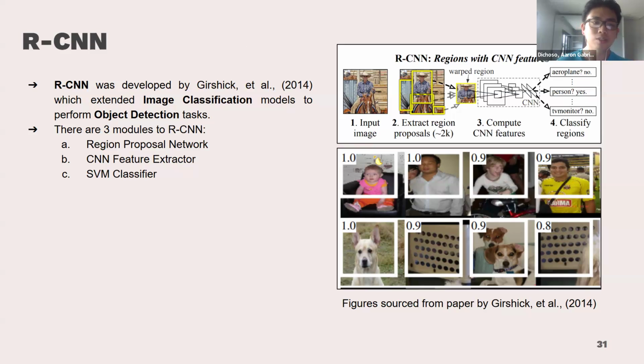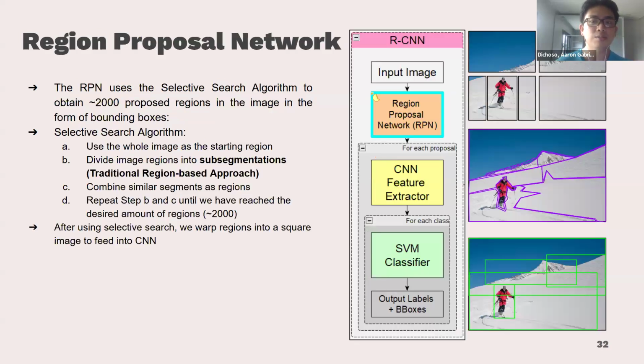So there are three modules to this. The first one is the region proposal network, as we can see here. And this region proposal network is hard coded. This is not a machine learning technique here.